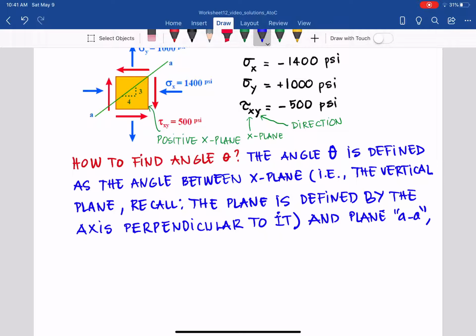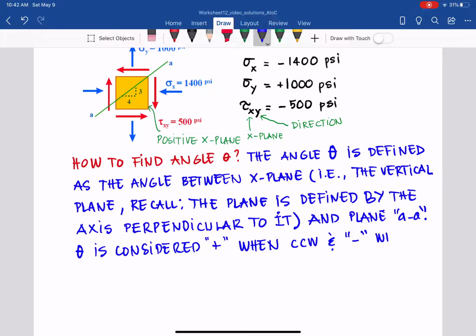Theta is considered positive when counterclockwise from the original vertical x plane, and of course the other way, negative when clockwise.